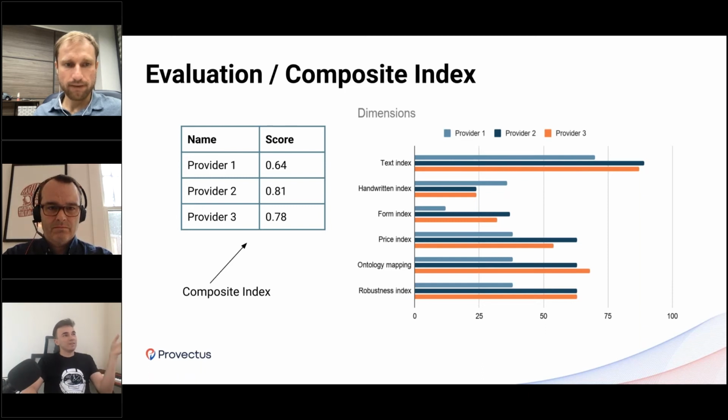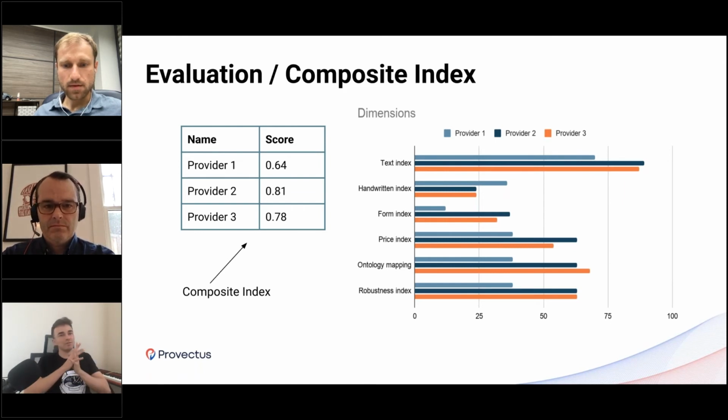In our case, we will use specific metrics instead of securities, equities, and indexes, and we will rank document processing solutions instead of markets or sectors. So we compose our solution index out of numerous indices. For example, a text index, right?